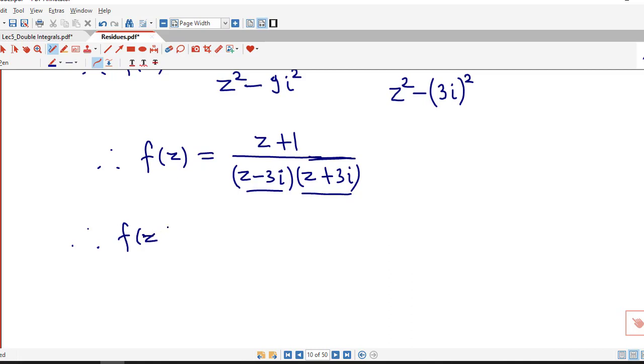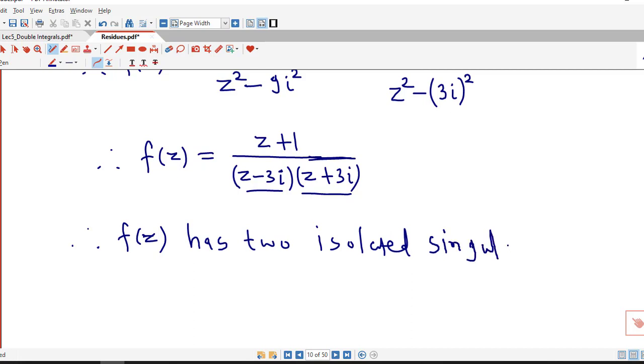So therefore f of z has two isolated singular points, z equal to 3i and z equal to minus 3i, because this is a rational function, and a rational function has isolated singular points at those points at which the denominator becomes 0.